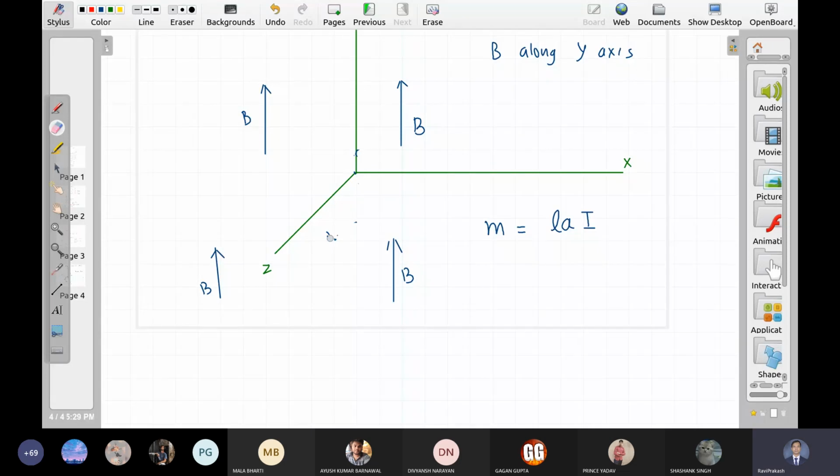So let me make my loop like this. There is nothing special in this case, just to get positive signs everywhere. This is my loop.